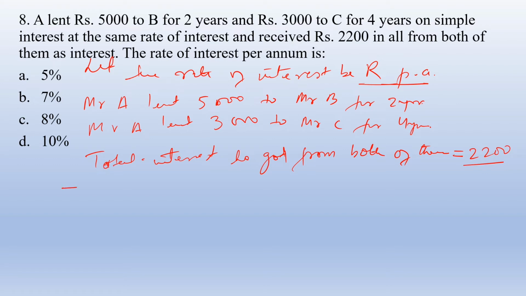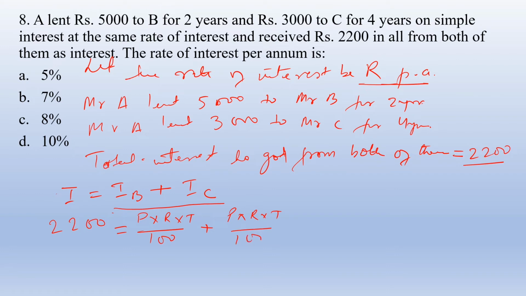So the interest will be the interest he got from Master B plus the interest he got from Master C. So this interest is already given, 2,200, which he got from both Master B and Master C. We know the formula: P into R into T divided by 100 plus P into R into T divided by 100.